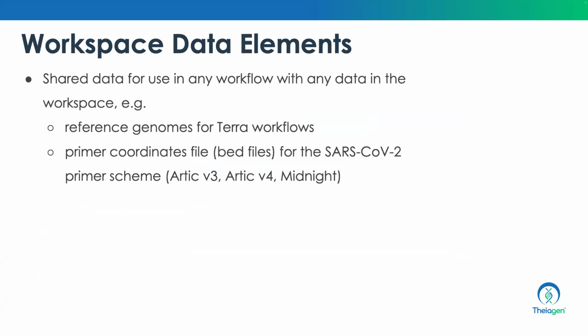They could be bed files that have primer coordinates. If you've run SARS-CoV-2 analysis, you'll be familiar with ARTIC v3, ARTIC v4, the Midnight protocol reference files, as well as a Docker image for the latest software for a given tool within a workflow.